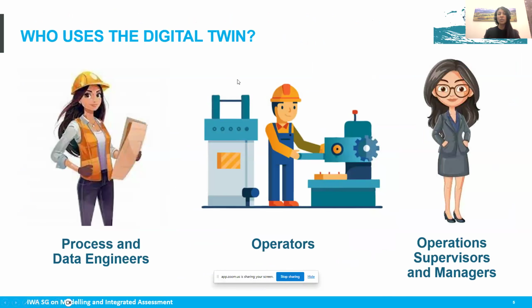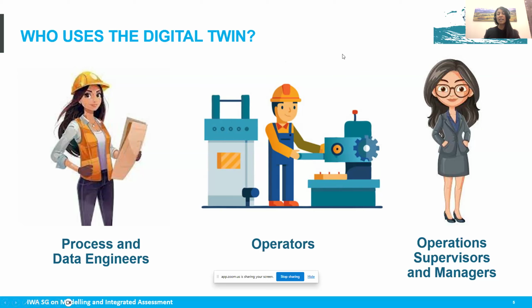So for our digital twin, we are in the final stage of implementing the digital twin for use. We're aiming at having process engineers and data engineers using it for running simulations and running different scenarios for implementing different technologies and different operational scenarios that we can recommend for improving process performance.